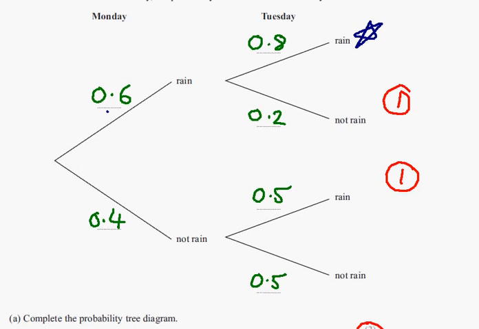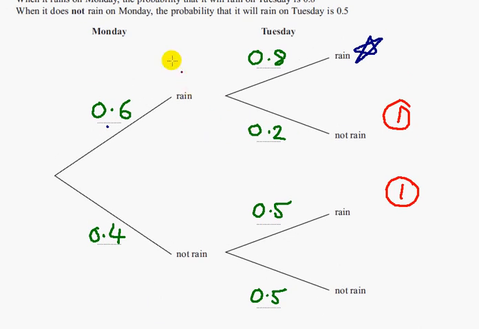Now, let's just work out which probabilities we want. So rain, rain, we want this probability here. That's at least one of the days raining. Rain, not rain, we also want this probability here. Now we also want not rain, rain, that's at least one of the days. Now if it doesn't rain and then doesn't rain on Tuesday either, we don't want that probability.